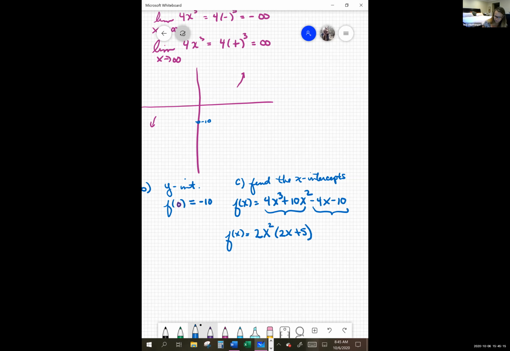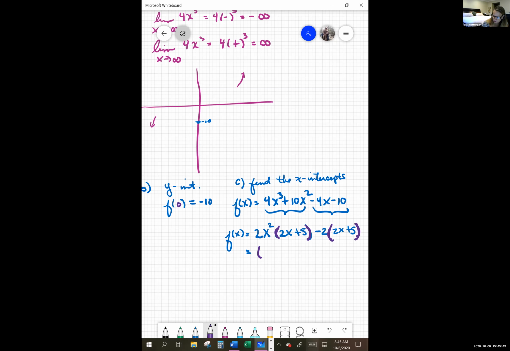And then pull out what they have in common with -4x and -10. They both have a -2 in common. So if we pull out a -2 from both of those terms, we're left with a positive 2x and a positive 5, which we wanted, the same thing in these parentheses, in order to be able to factor by grouping.